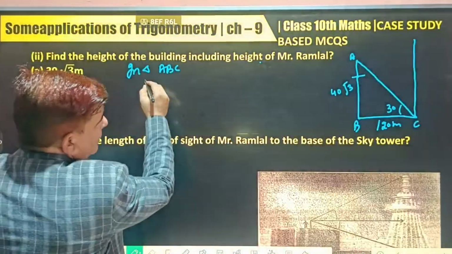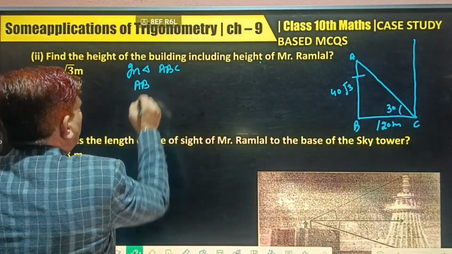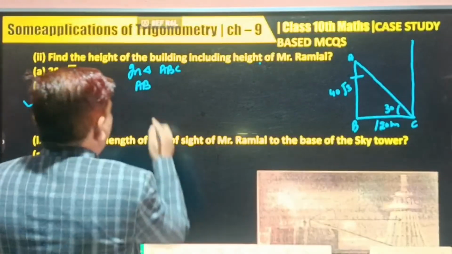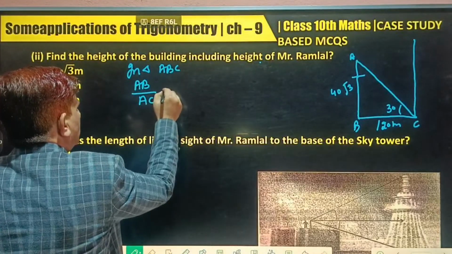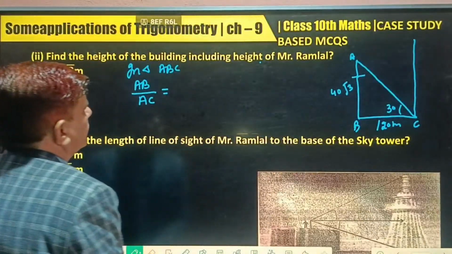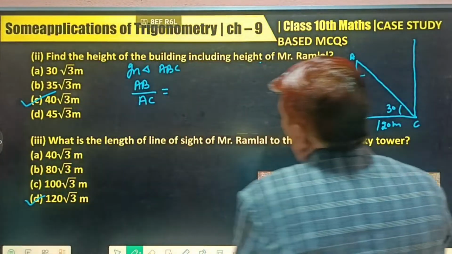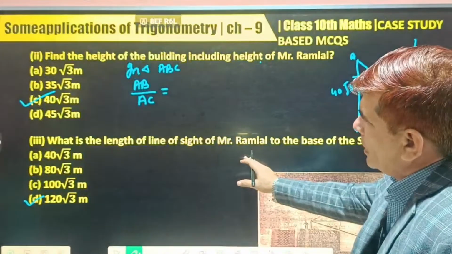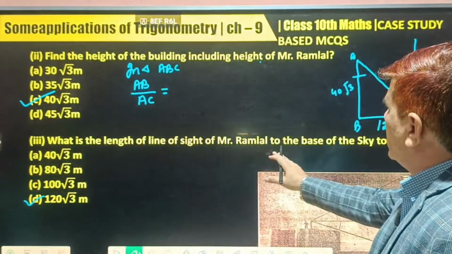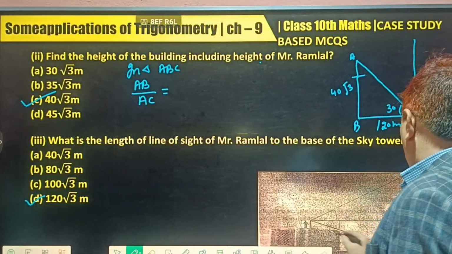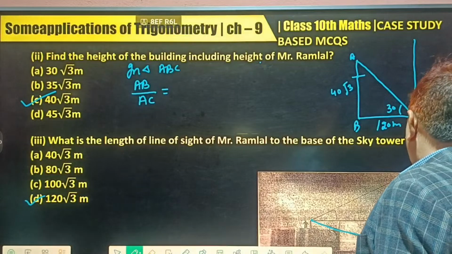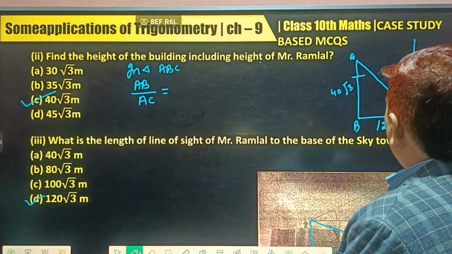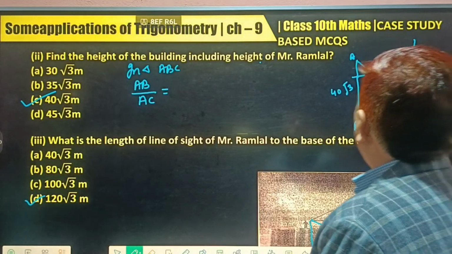So I am writing AB by AC. Find the height of the building including Mr. Ramlal. What is the length of this? This we have to find. What is the length from the side of Ramlal to the base of the sky? This we have to find out. So AB by AC is equal to how much?